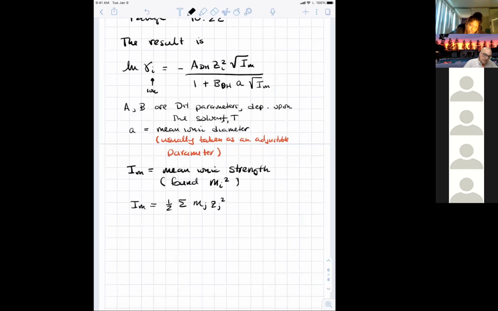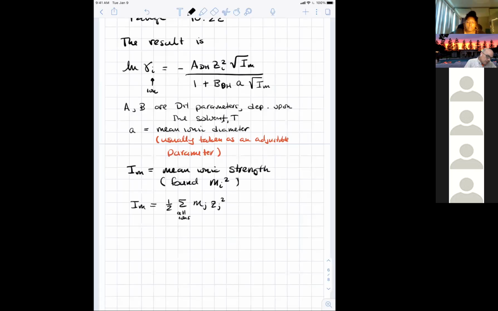So it's the molality times the charge squared, another way to look at that square dependence on the charge.